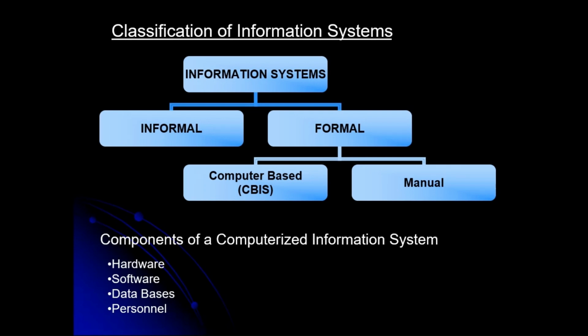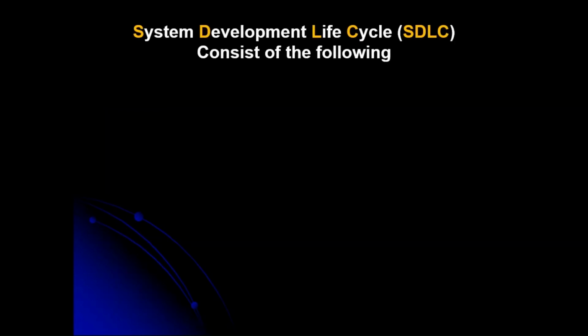There should be people to develop these information systems, to enter data into the information systems, and databases to store data. All these components should be there in a computerized information system.